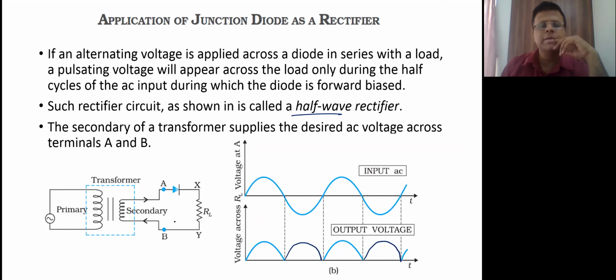What will you add in this circuit so that both the sides will be rectified? Mohit is saying introduce reverse biasing. Okay. So we will be adding two diodes.